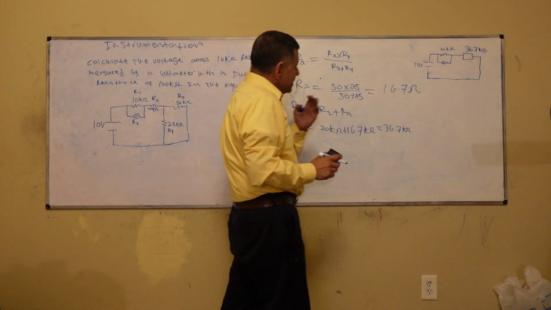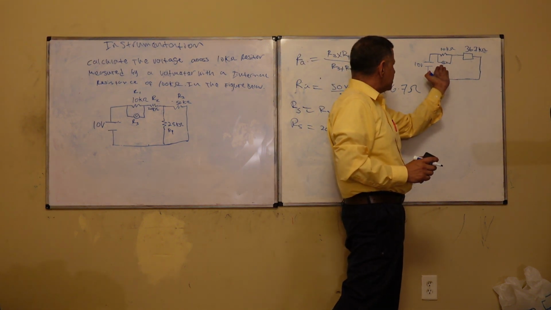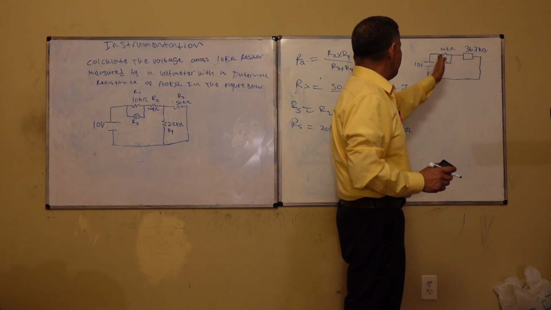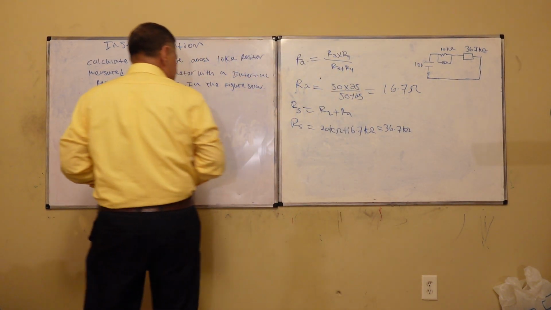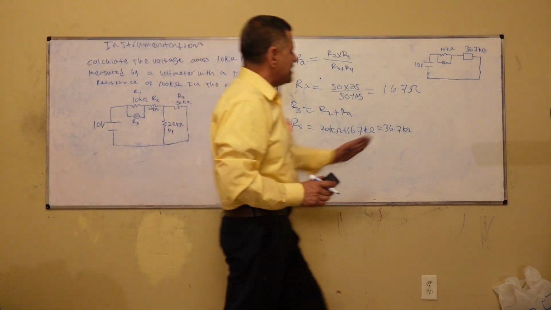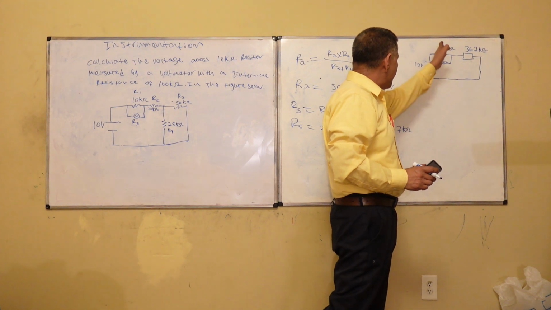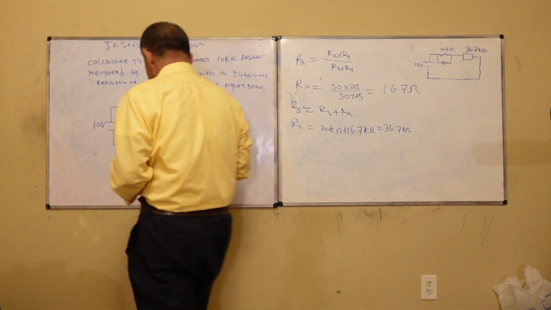Now what I need to do is the following. I have this resistance, but now this is in parallel with that. See? So with that being said, I need to calculate this resistance in parallel, and then do a voltage divider.